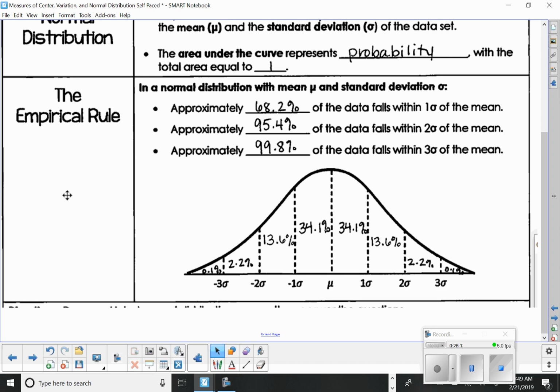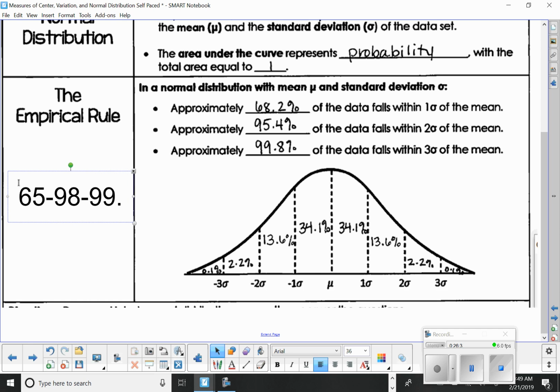And really, with the empirical rule in Virginia, it's 68, 95, 99.7. This is our empirical rule.